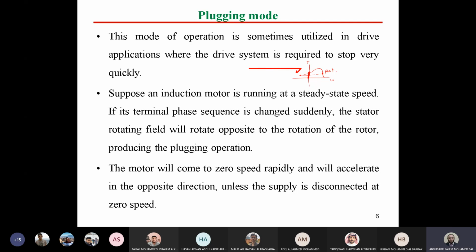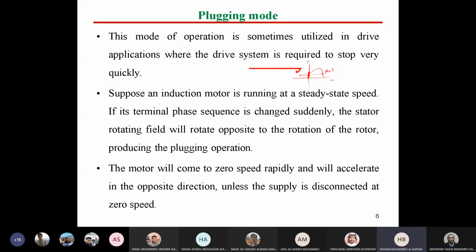Based on the machine, the motor, and car design and the weight of the car, we can make analysis and select our suitable technique. It needs some analysis and design in order to select which technique of braking is suitable to our system. So it's not common for all induction motors and all machines. It's according to the load.